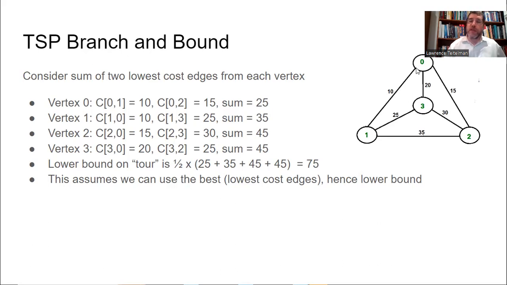So I think what Ilma's proposing is, okay, I left 0 using this edge of cost 10 to get to 1. Why can't I use that same lowest cost edge to come back? The answer is that would mean I'm coming from number 1, but I can't come from the same one because that means I'm repeating the intermediate vertex.